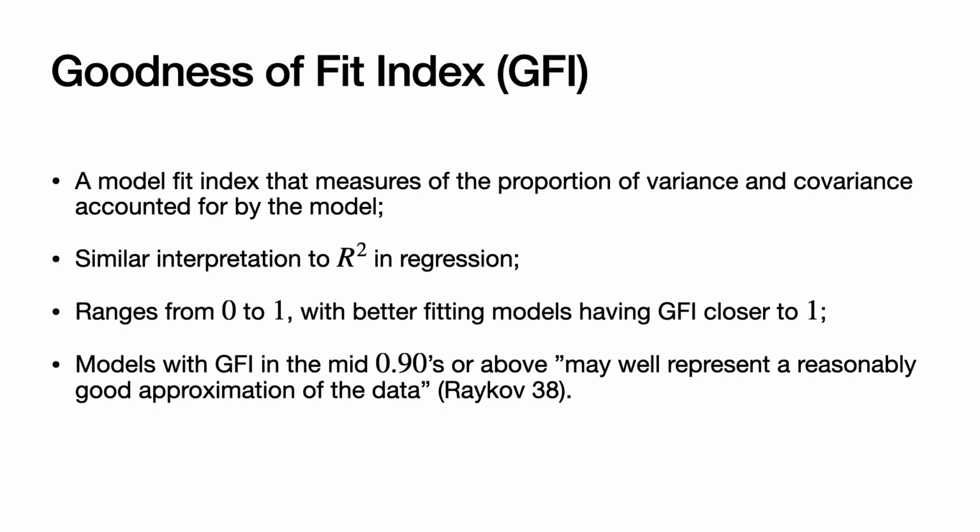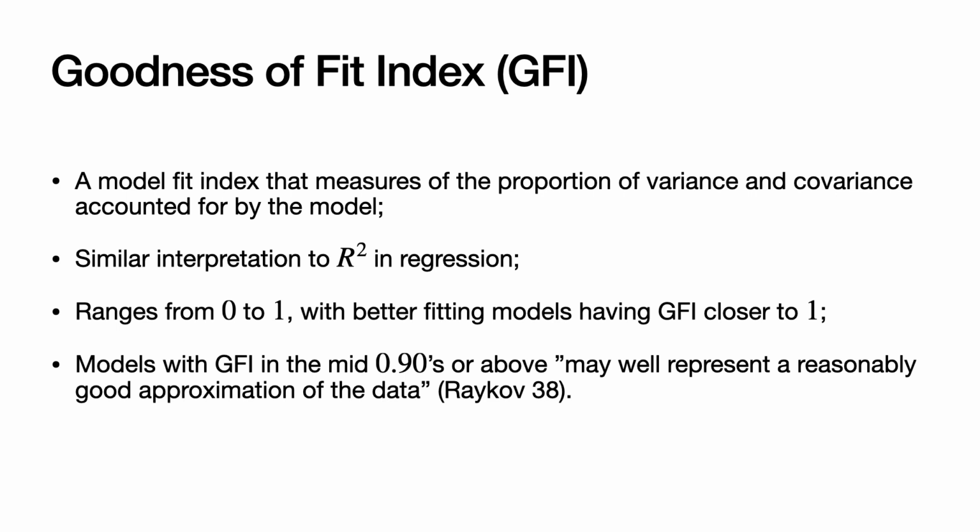It has a similar kind of interpretation in the context of SEM, where we are modeling not a response variable as we are in the case of regression, but we're modeling the contents of the estimated covariance matrix.